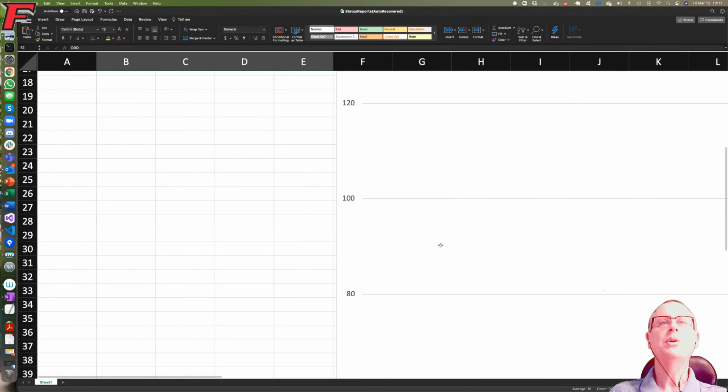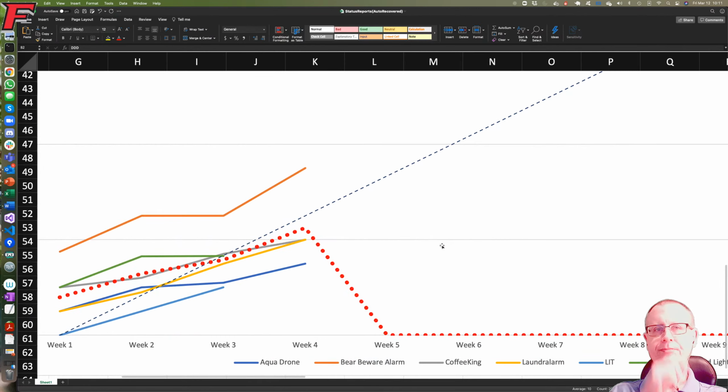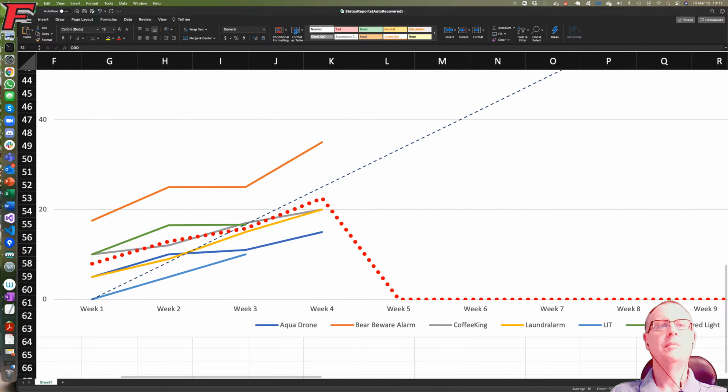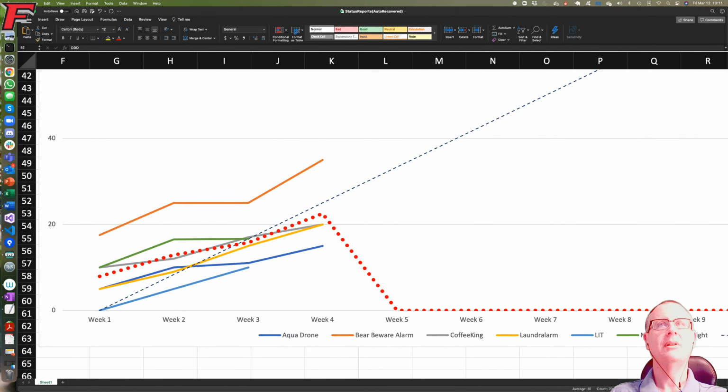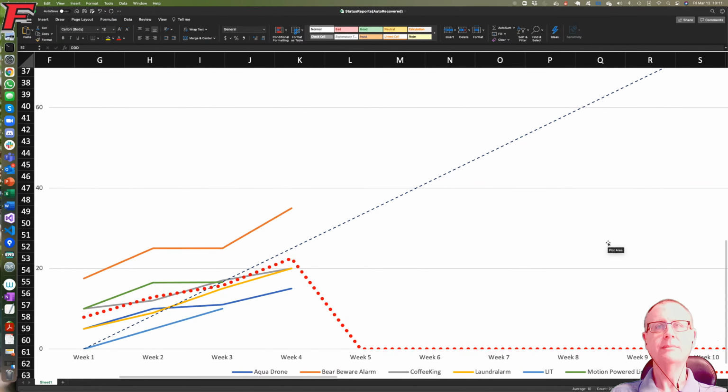Okay, and then we just plotted those reported numbers. These are just the overall numbers for each of the projects. And the idea is that if it were a perfect project without any lumpiness in terms of getting stuff done, then that thin dashed straight line would be the way your project should progress.